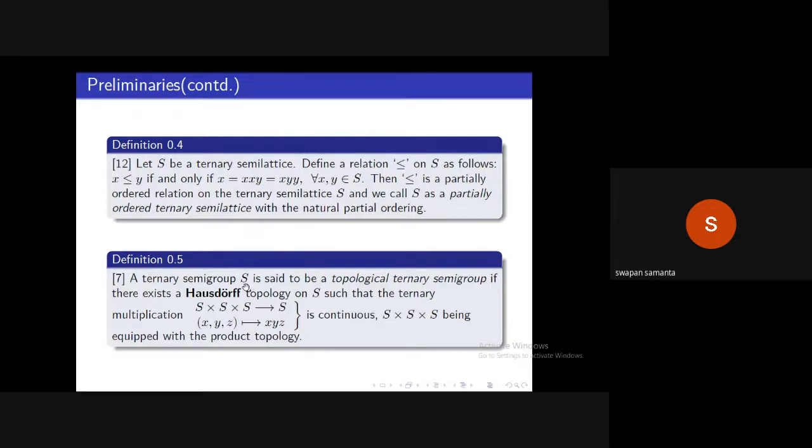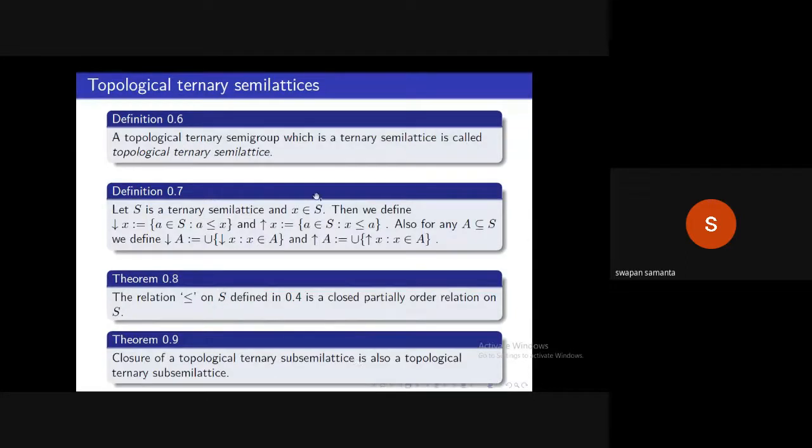A ternary semigroup is called a topological ternary semigroup if there exists a Hausdorff topology for which the ternary multiplication is continuous with respect to the product topologies. Now, keeping this in mind, we define topological ternary similarities. A topological ternary semigroup which in addition is a ternary similarity in the context of algebra is called a topological ternary similarity.